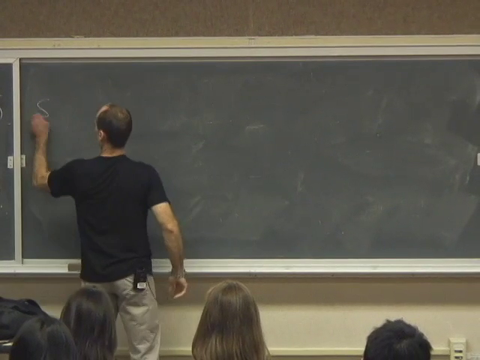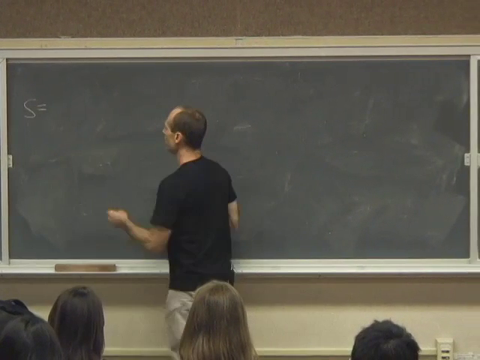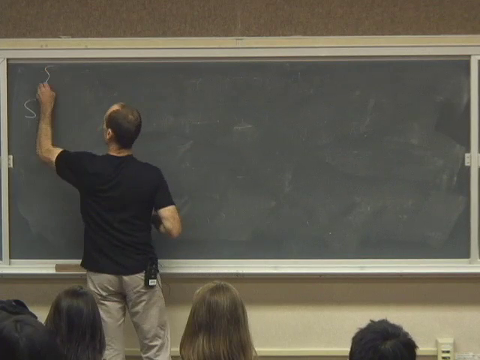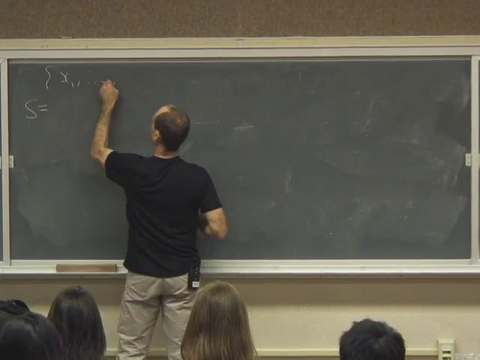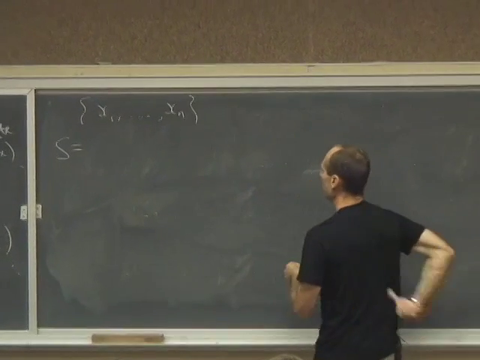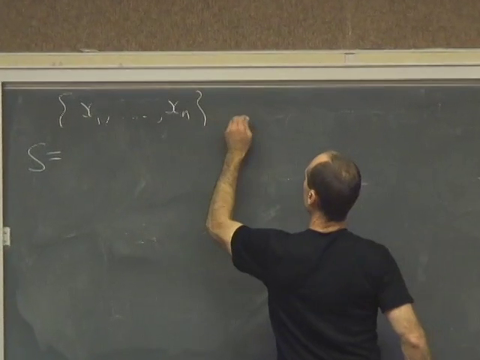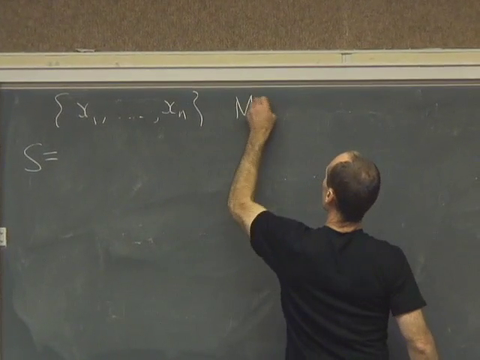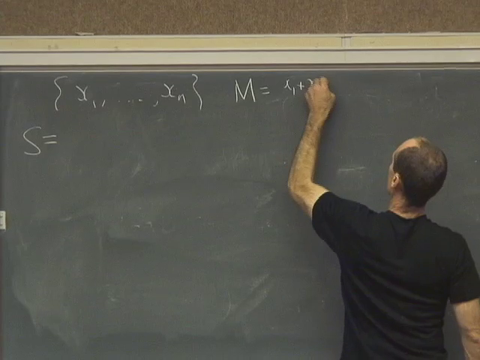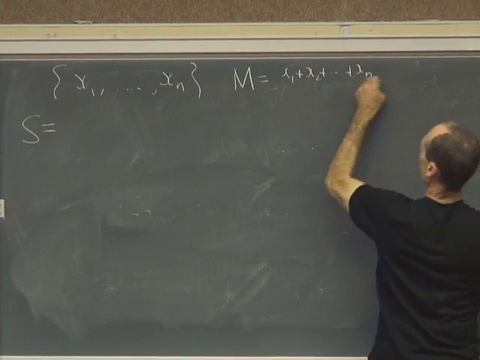Okay, so S is, if we have a list of data, x1 up to xn, and let's say that the mean m is equal to x1 plus x2 plus so forth plus xn divided by n.